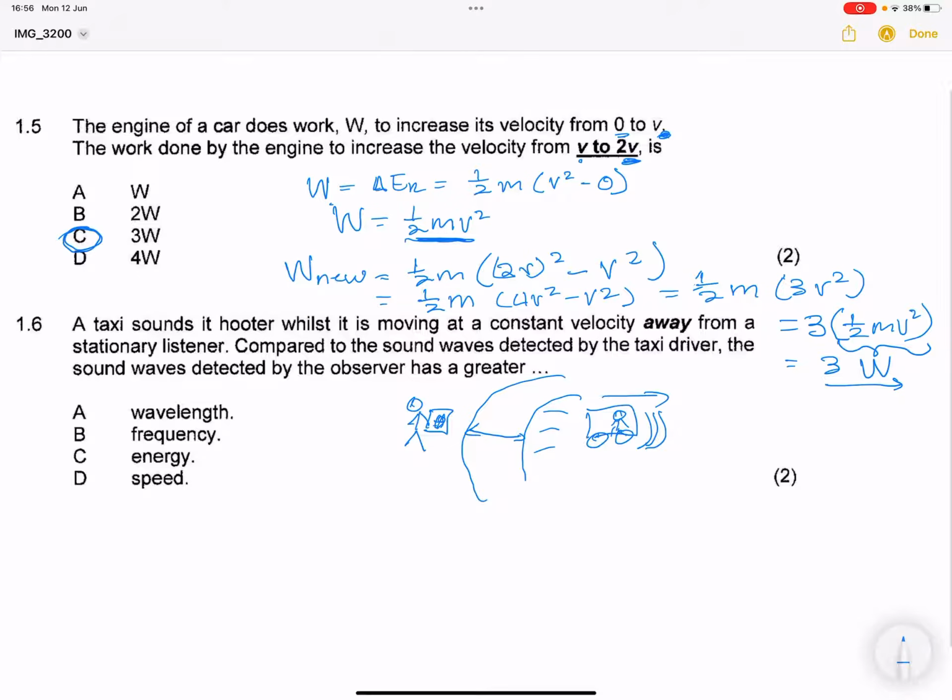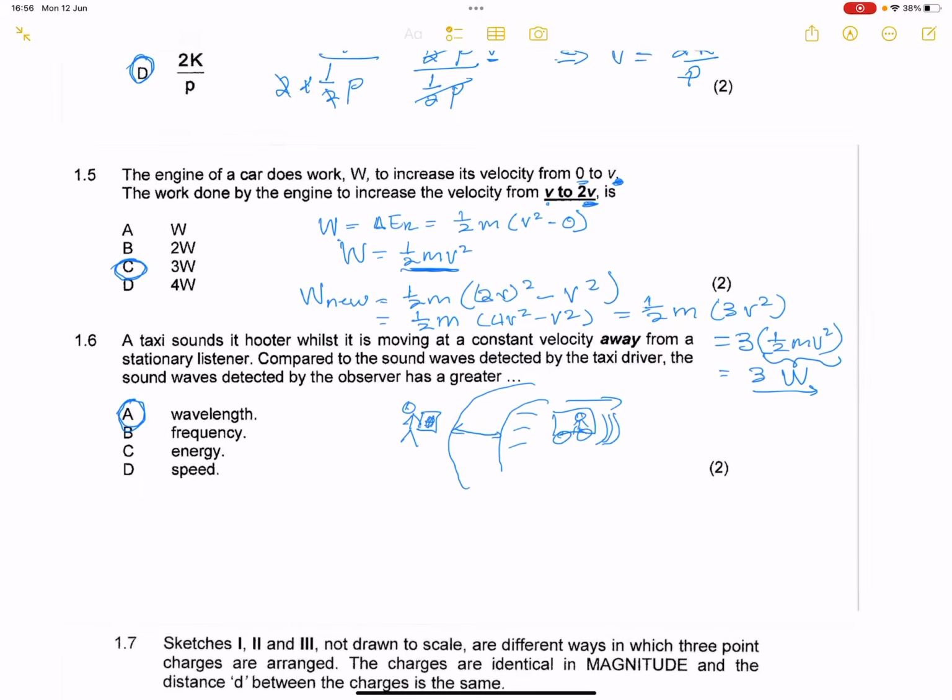So the wavelength will be longer, and the frequency in this case should be much less. So most definitely it will have a greater wavelength. Keep that in mind. As it's moving away, the wavelength is greater, so that the frequency in this case becomes less. I hope that makes sense, ladies and gents.